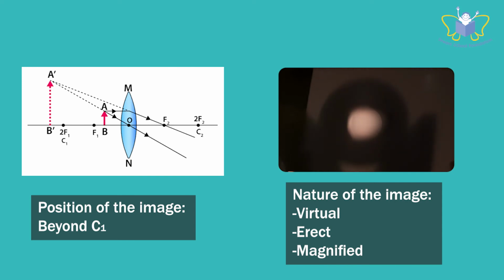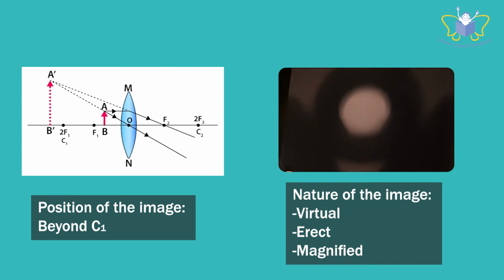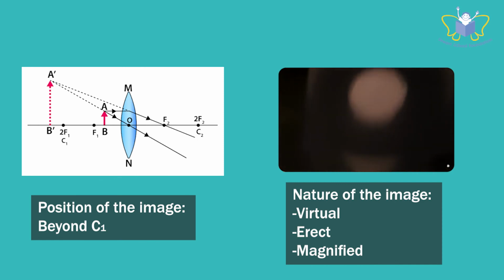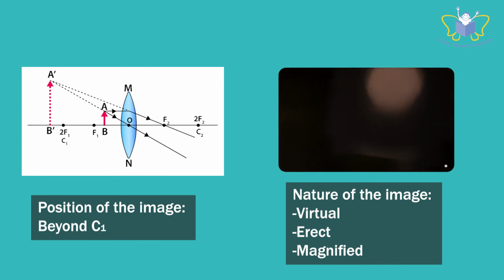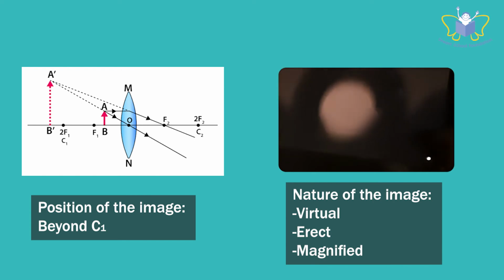The image formed for an object placed between f1 and O is virtual, erect, and magnified. The big blob formed out here is more of a refracted rays on the paper rather than an image formed, because the light rays are not actually meeting.